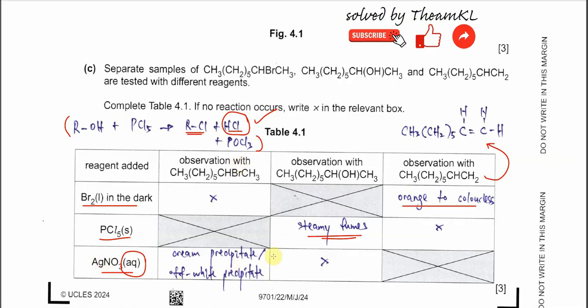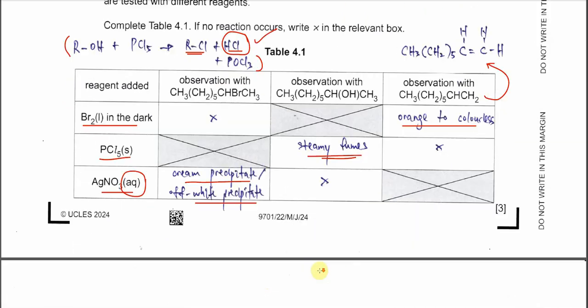It will form silver bromide. So that's why you see cream precipitate, or nowadays you can say that it's off-white precipitate. Both acceptable. Observation with the alcohol, silver nitrate will not really react with this. Just put a cross here.